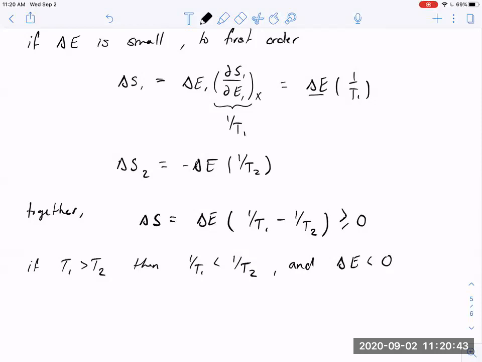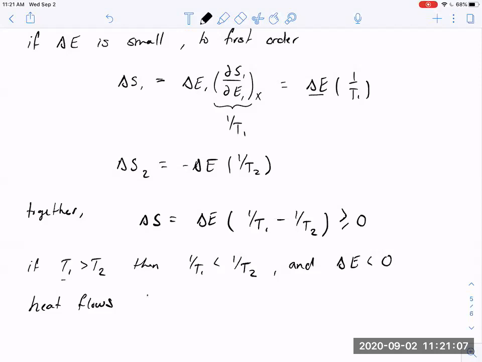That's a bunch of math language. What does that mean in words? Delta E is the heat, the energy flowing from one side to the other. It says that the heat flows. Delta E is negative. It went from system 1 to system 2. In this case, system 1 had a higher temperature.